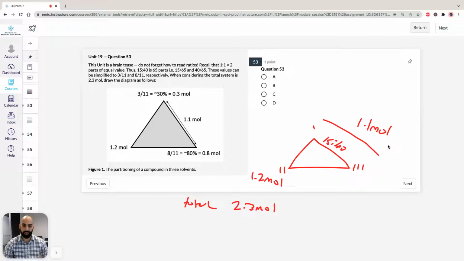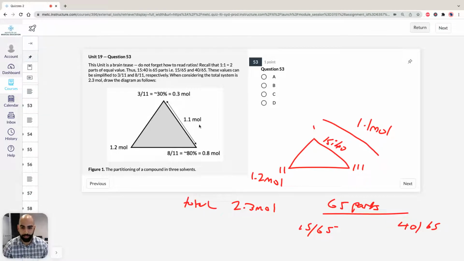So remember what we said with ratios. Recall 1 to 1 is 2 parts of equal value. Therefore, if we have 15 to 40, we have 55 parts. So if we have 65 parts, that means 15 over 65 is how much is for our 1, and therefore 40 over 65 is how much there is in our 3.